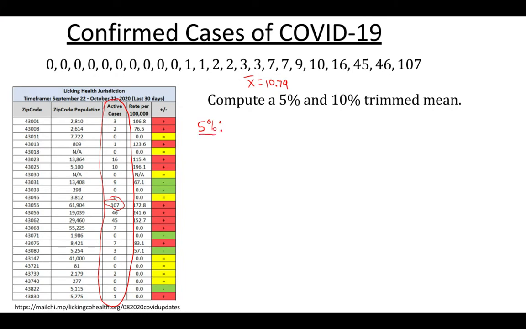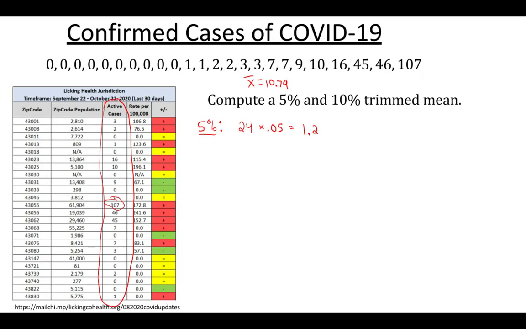So for the 5% trimmed mean, we're going to multiply the number of data values. In this case, there's 24 counties, or zip codes, sorry. So we're going to do 24 times 0.05, the percent as a decimal. When we do that, we get 1.2. And then we're going to actually just round that to 1.